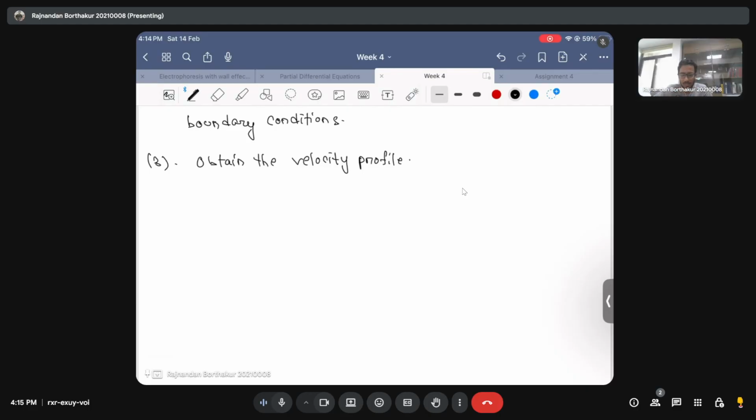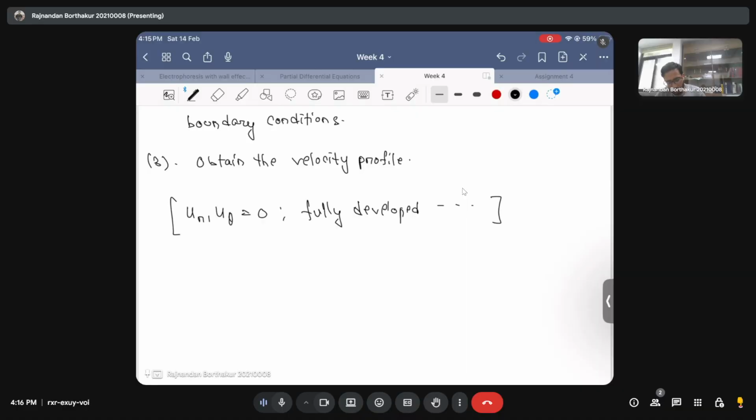The flow is unidirectional, which means that there is not going to be u_r and u_theta components of velocity. These are just the standard assumptions that we'll use. I'm just not writing them down, but I believe at this point you are well equipped with how to write down the assumptions and invoke them into the main governing equations.